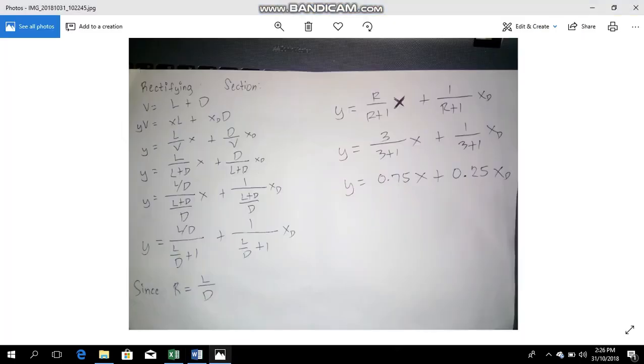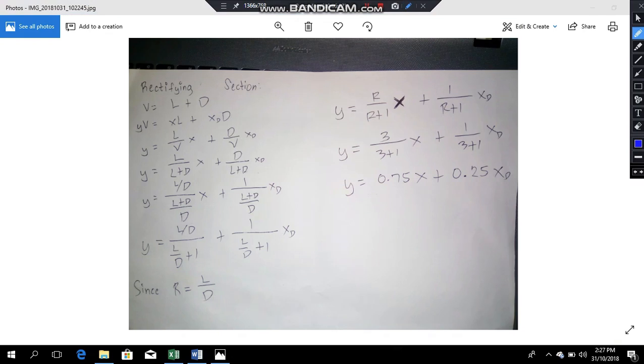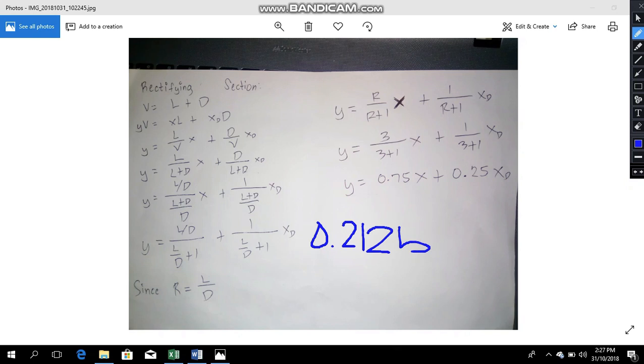So 0.25 times 0.85, our y-intercept, is 0.2125.